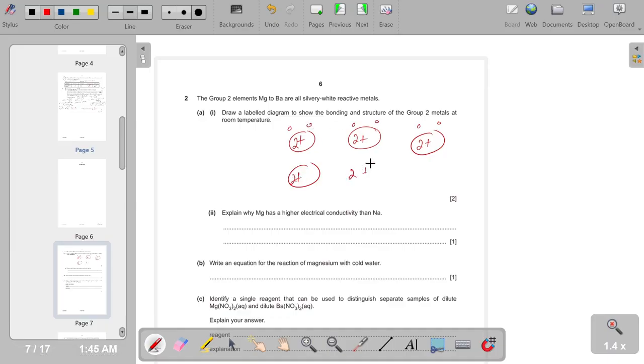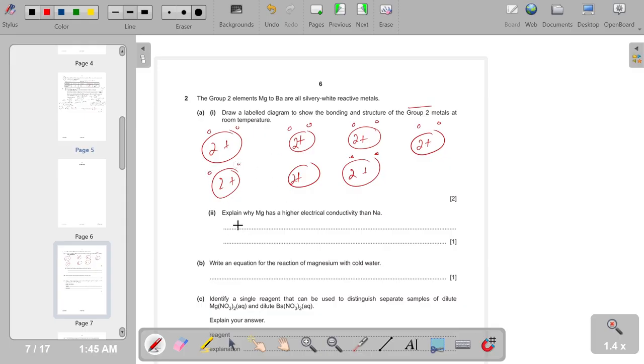So you can also draw it like this with 2 electrons. They are known as free moving electrons, free electrons, delocalized electrons, mobile electrons. Is it clear? The central part is 2 positive because it is a group 2 metal, so there are 2 electrons.